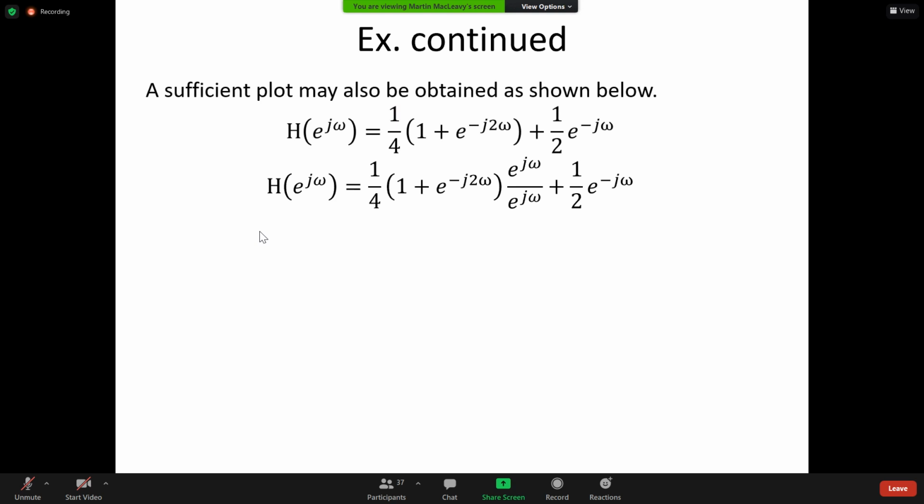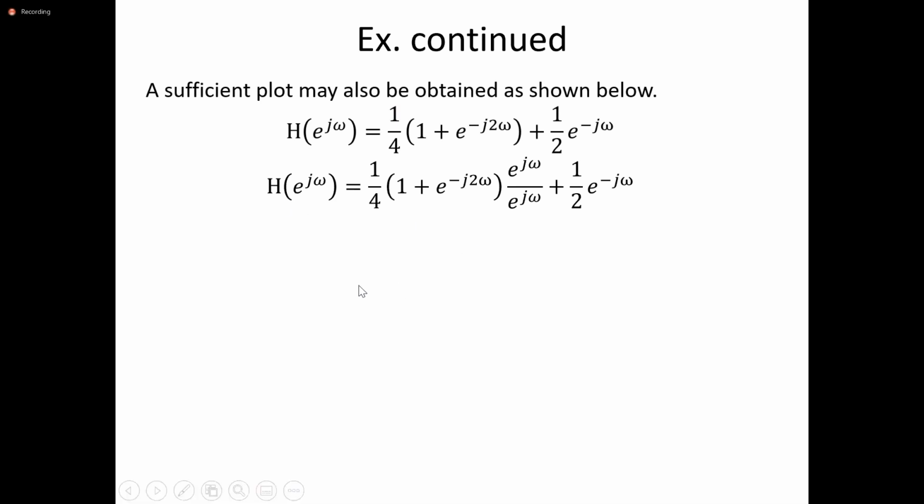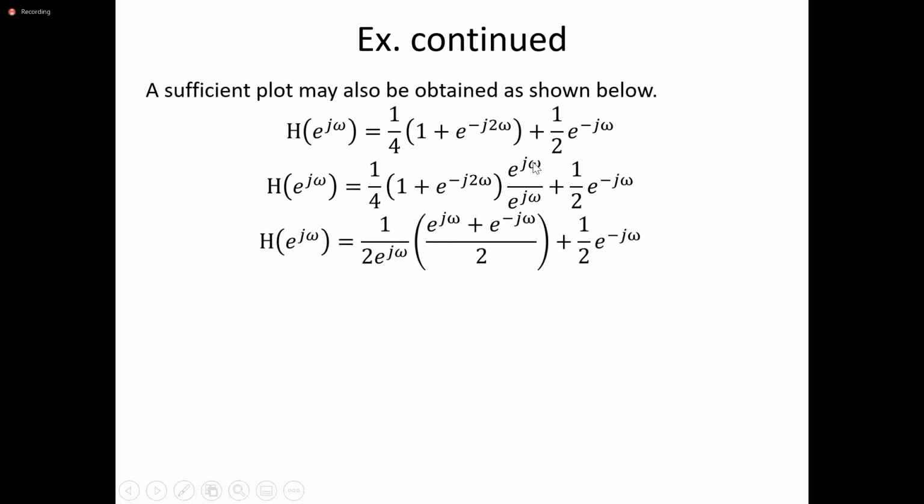Repeat it here again for convenience. So what will happen is that this e to the j omega term will come here. Multiplying that by that will leave us with e to the minus j omega, and the 2 from this quarter here will come inside.